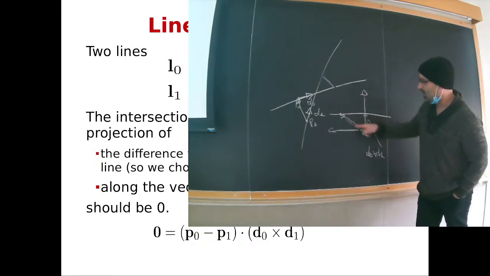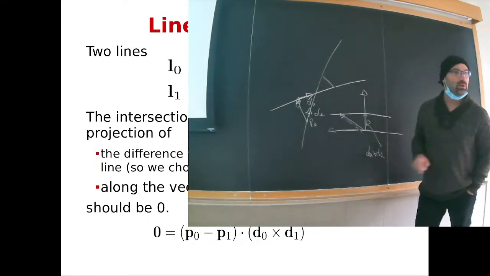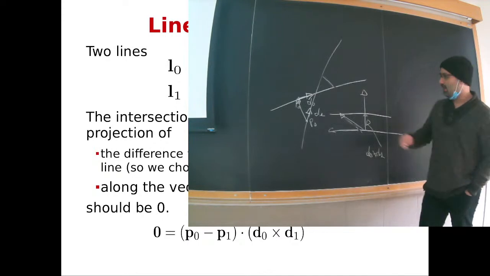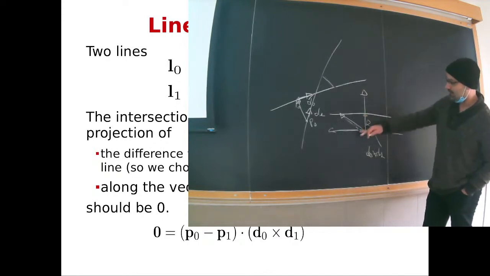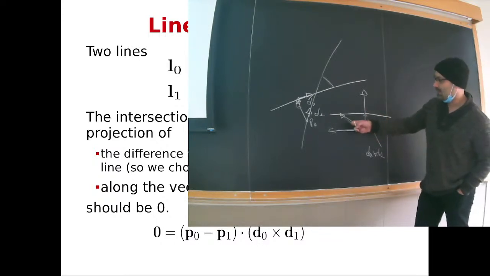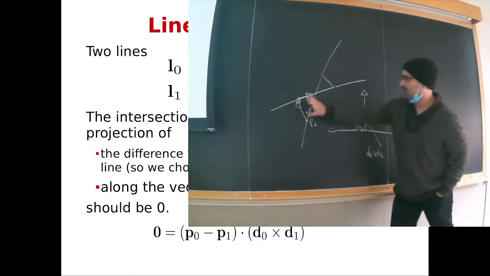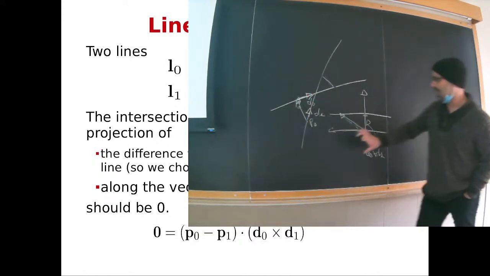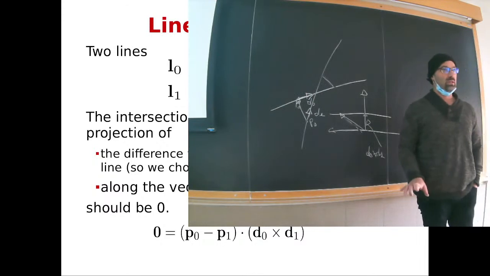And this vector here will be P0 minus P1. Now, when do they intersect? They intersect when they match. And what is this distance over here? This distance is the dot product between the difference P0 minus P1 and the cross product D0 cross D1.